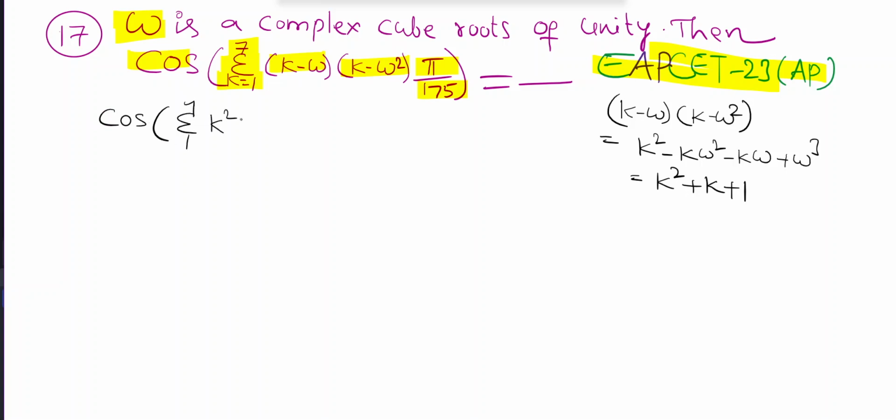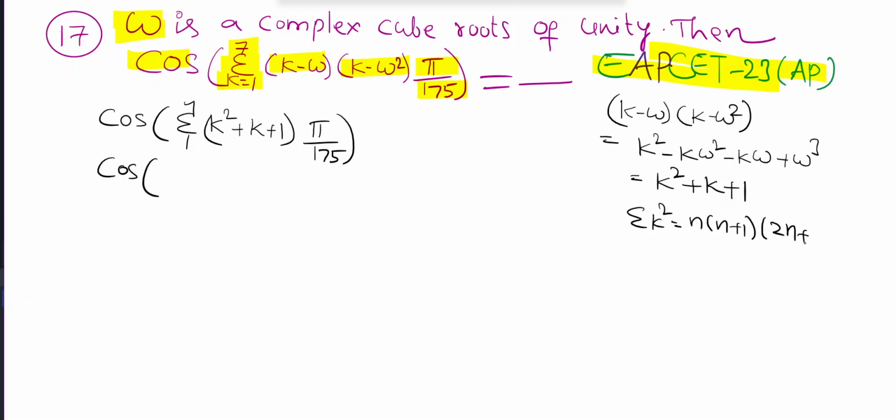Substituting in this, cos of sigma 1 to 7, this is k square plus k plus 1 into pi by 175. This is cos of sigma k square plus sigma k plus sigma 1. We know that sigma k square is n into n plus 1 into 2n plus 1 by 6, sigma k is n into n plus 1 by 2, and sigma 1 is equal to n.